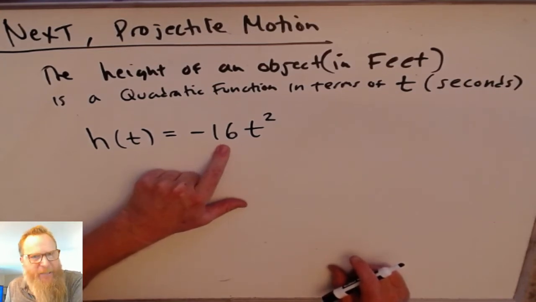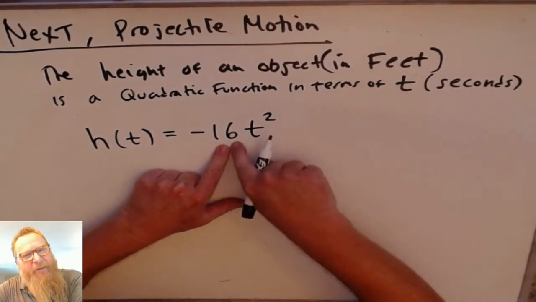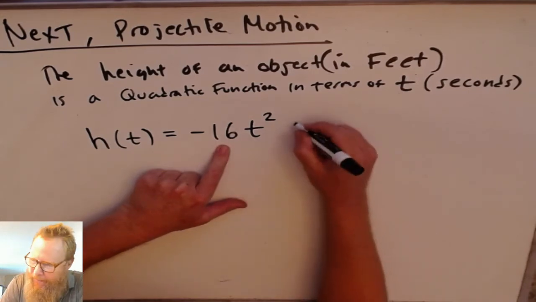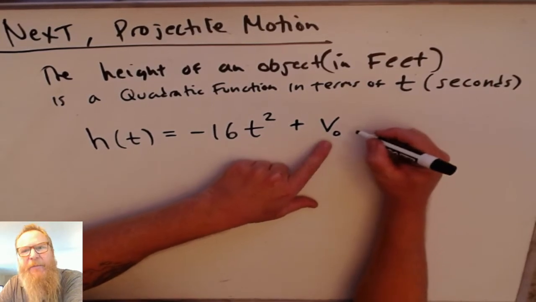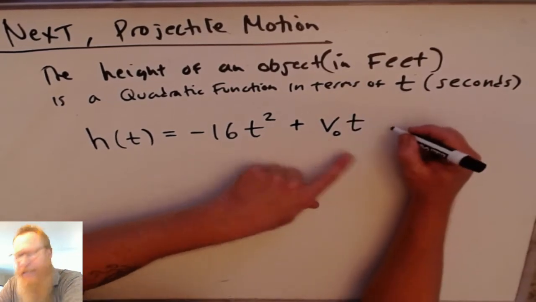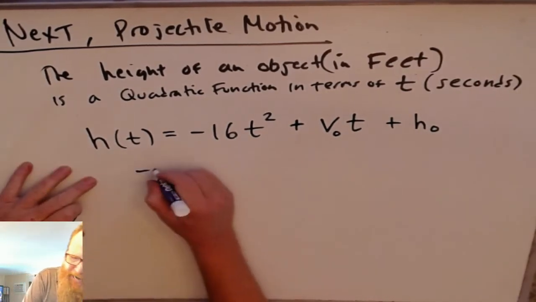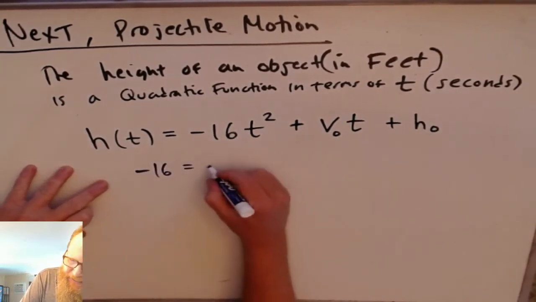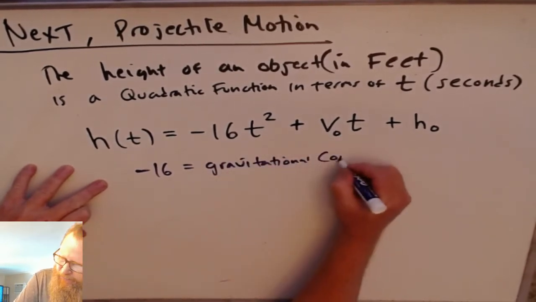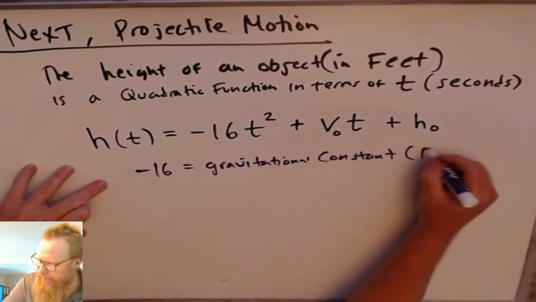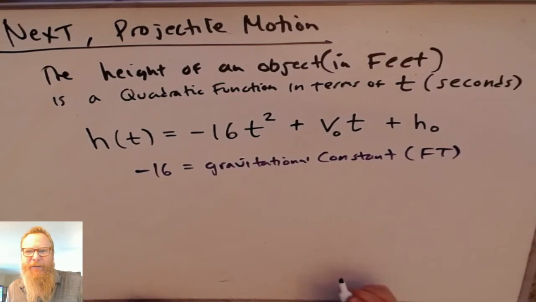So I will skip the explanation, and I will just tell you, if it's measured in feet, the leading coefficient is always negative 16, plus the initial velocity, called v sub 0, times t, plus h sub 0. Negative 16 is the gravitational constant. Again, in feet. If we translate it to meters, we get something different.